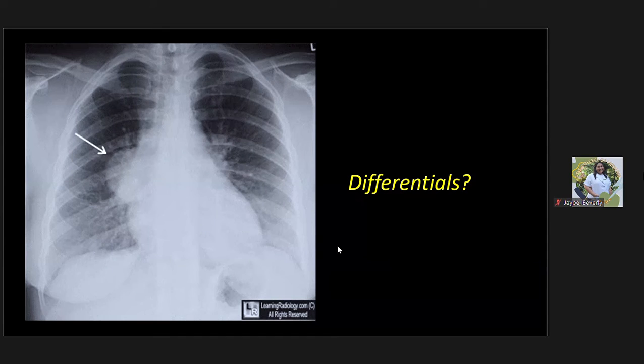What do you understand by the word differentials? Differential diagnosis, Doc. Yes, correct. What do you understand by differential diagnosis? Let's say you have a patient with a cough. What are your differential diagnoses if you have a patient who has a cough?